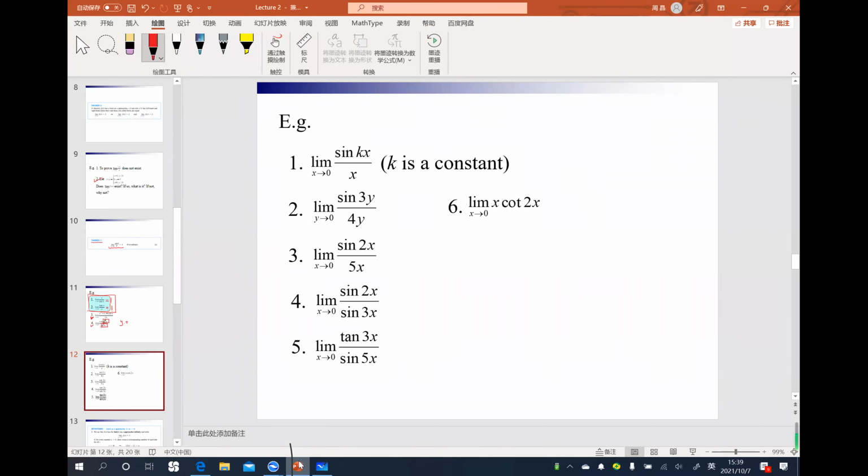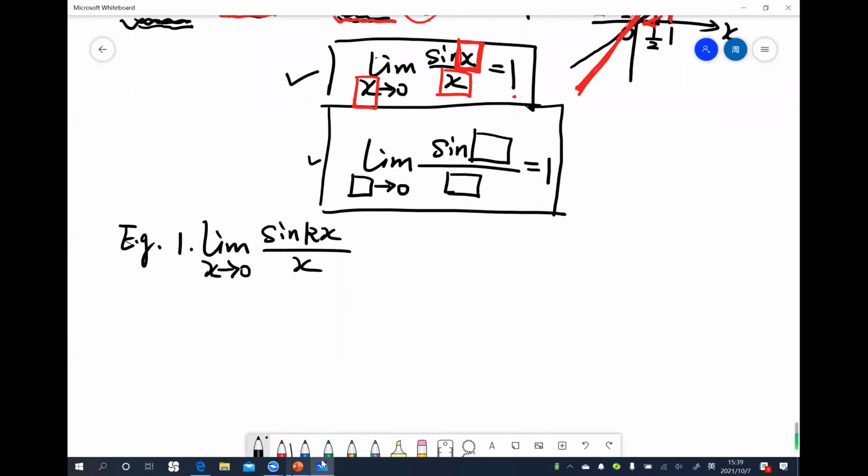Am I right? Yes. Here, k is a constant, so k can be any value, any constant. Maybe k can equal 1, 2, 3, 4, and so on. So k stands for a constant here.